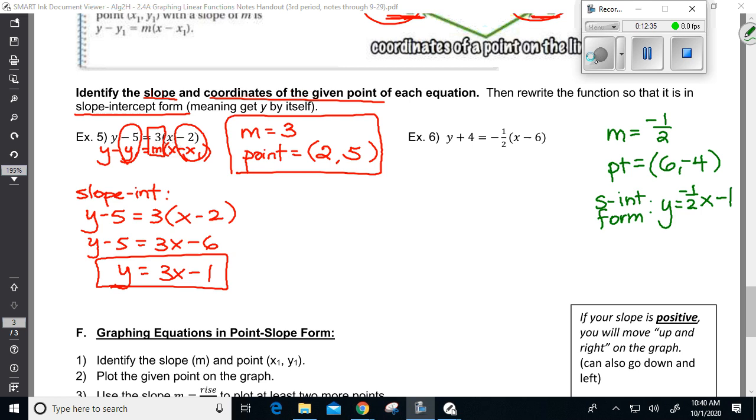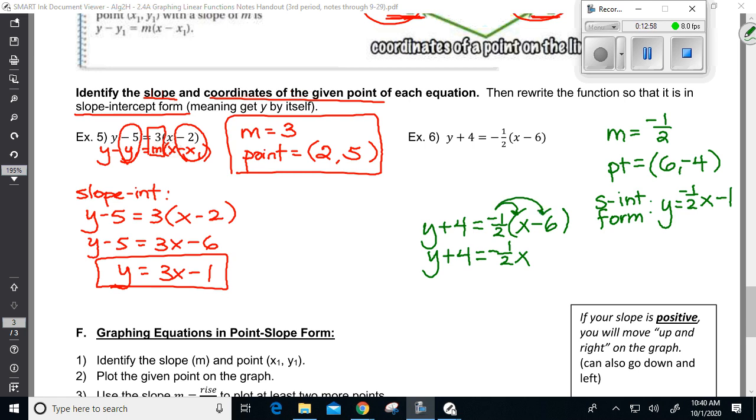So for slope-intercept form, you have y plus 4 equals negative 1/2 parentheses x minus 6. So if we distribute, y plus 4 equals negative 1/2 times x, negative 1/2 x, negative 1/2 times a negative 6.